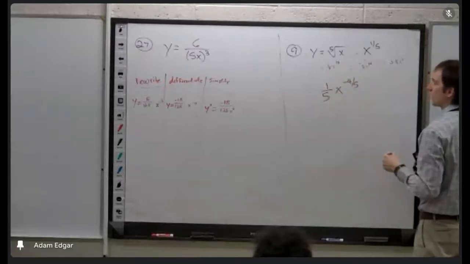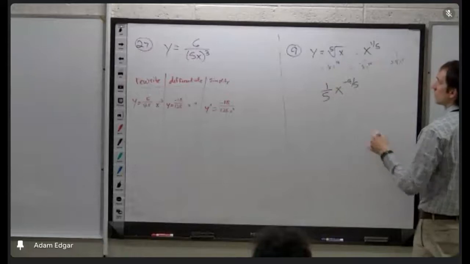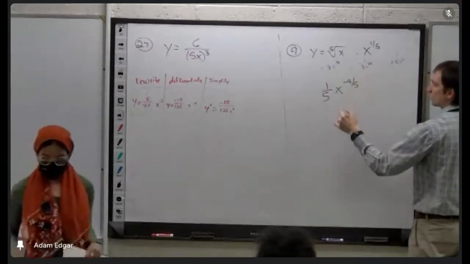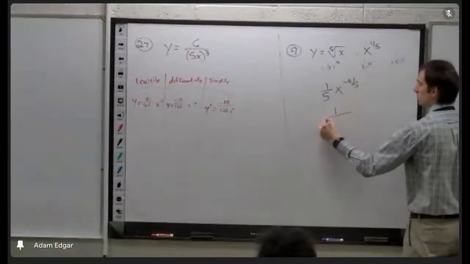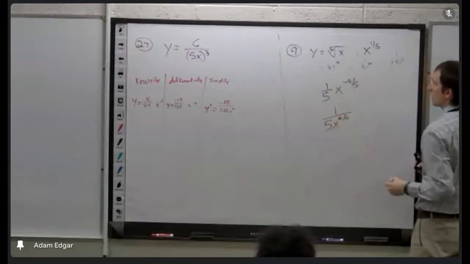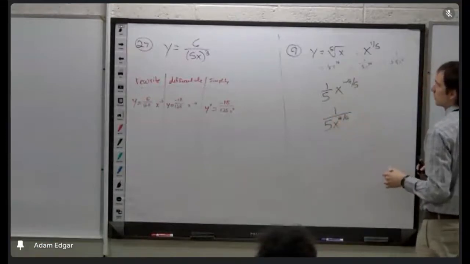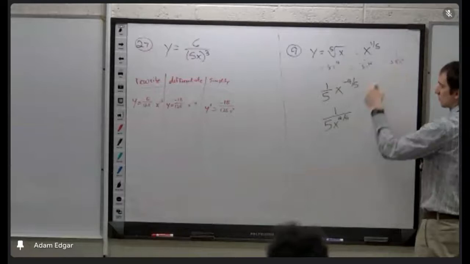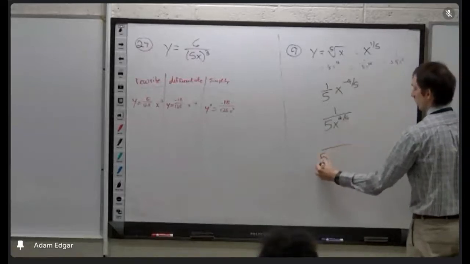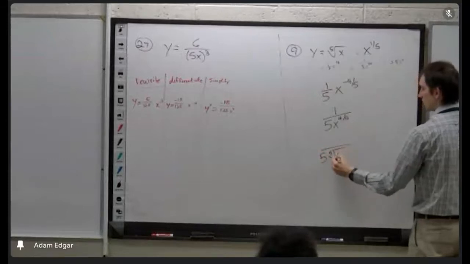You brought what down? X. You put it down in the denominator, and that made the exponent positive. And then what do you do? All right. What kind of root is it? 5th root, and it's x to the 4th.